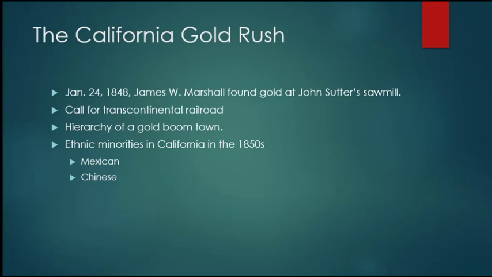There's competition for land, resources, and riches, and it leads to conflicts between white settlers and Native Americans and Mexicans and Chinese. Many of the Chinese that work in the gold mines in the 1850s will work to build the Transcontinental Railroad in the 1860s. And next week we'll talk more about sectional tension.